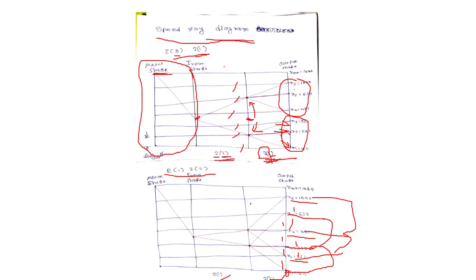And again, for the intermediate shaft we have to find the middle. We know the middle is this, and the gap between these 2 points is 1. So 0.5 to the upside and 0.5 to the downward side.